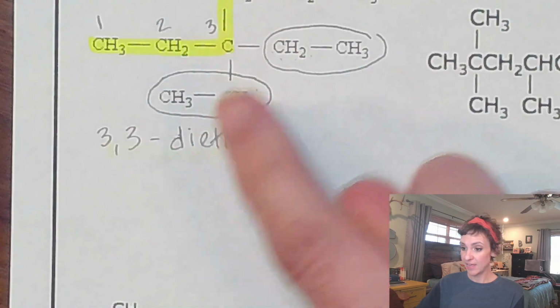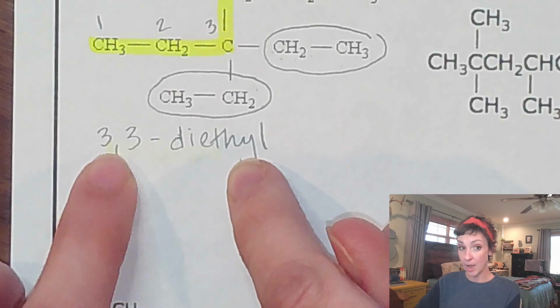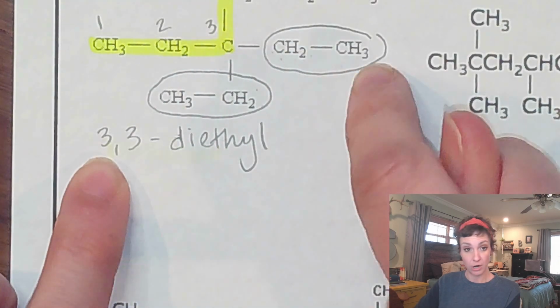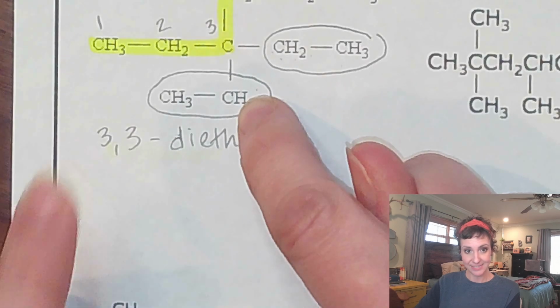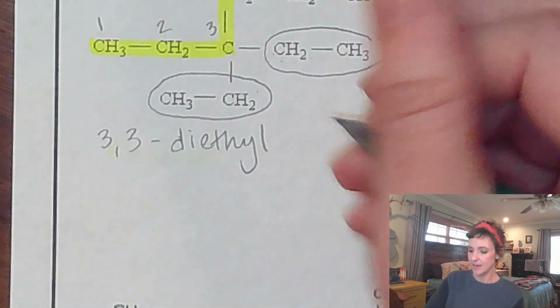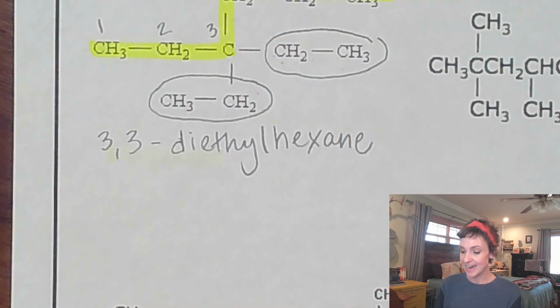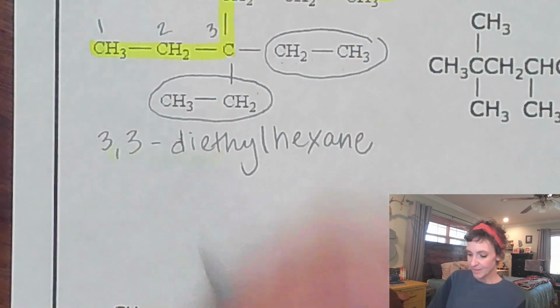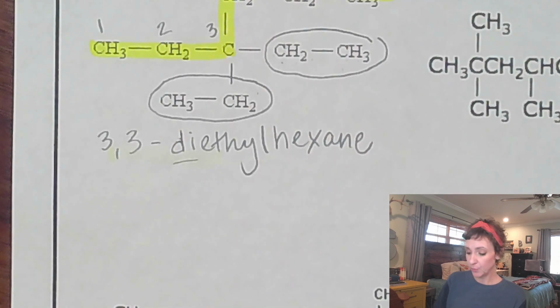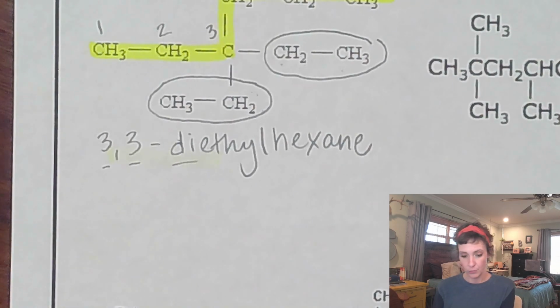This is telling me that 2 ethyl groups are coming off of the 3rd carbon, 1 here and 1 here, yes? And then my parent chain name, since that's all the branches I have here, is hexane: 3,3-diethylhexane. So this tells me that there are 2 ethyl groups, and these numbers tell me where the location of those 2 ethyl groups are.